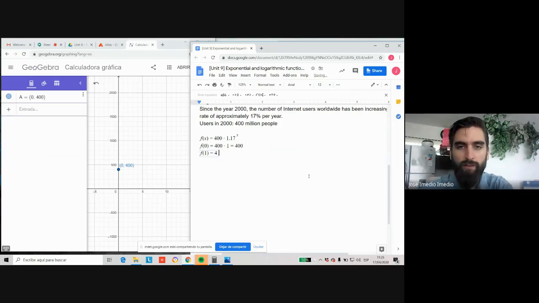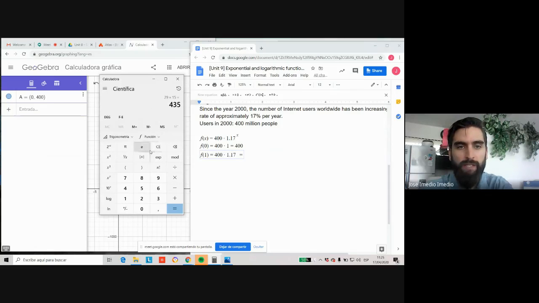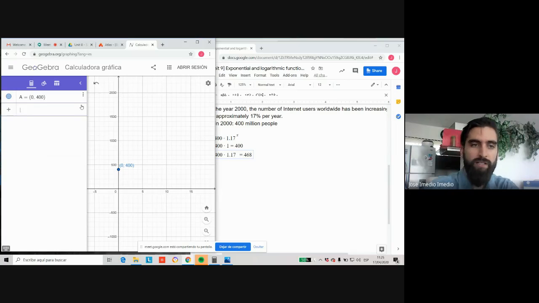This is going to be 400 times 1.17 raised to the power of 1, which is the same as not writing anything here. So this is going to be 400 times 1.17. So that's 468. So this gives us the point 1, 468.